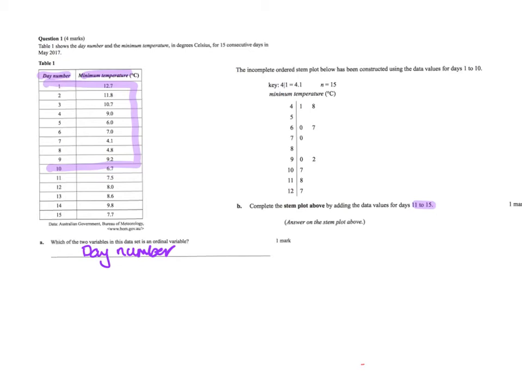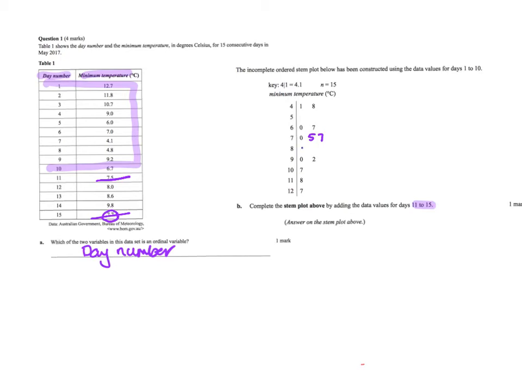So 11 was 7.5, so I'd put up here 5, is that correct? Now, be careful, this stem and leaf plot has to be in order. So although I did 5, I'm lucky because this 7.7 is actually larger than 7.5, so I'll put that one in and I'll cross that out.